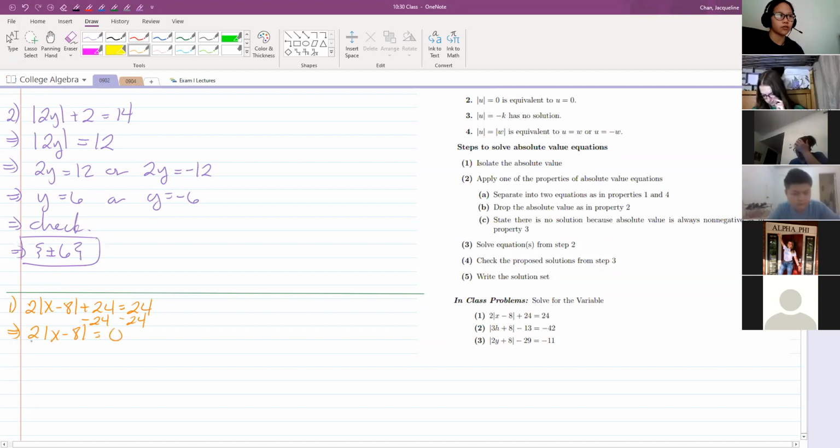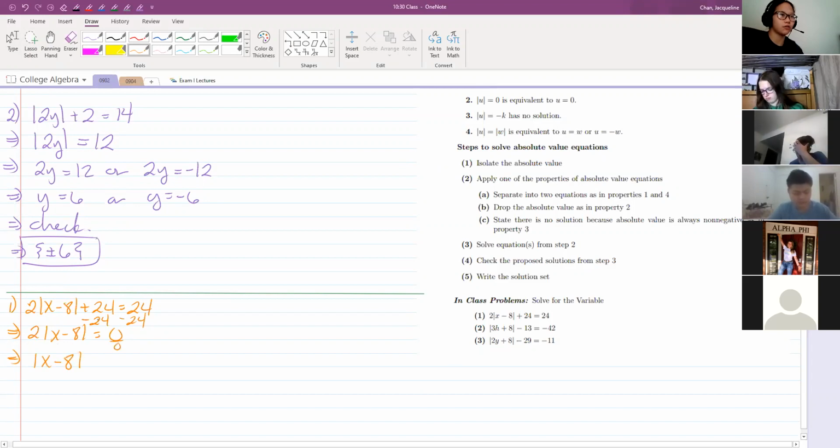So let's subtract 24 from both sides first. What do we do next? Before I say that, is this isolated? No, it's not. So what else do we have to do to isolate it? Divide by 2. Perfect.